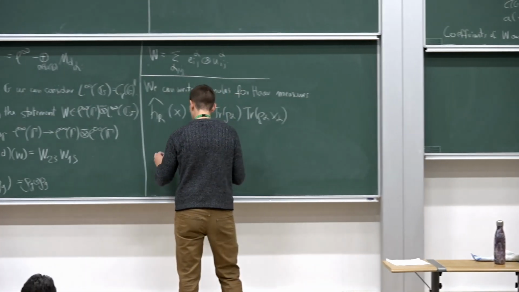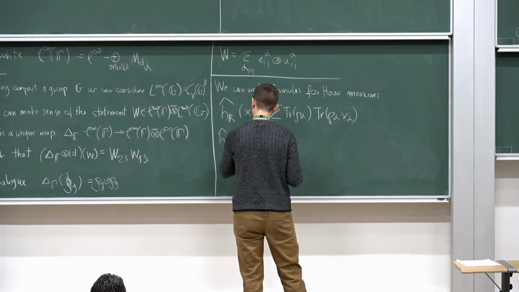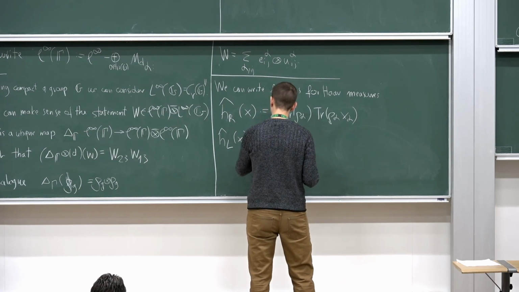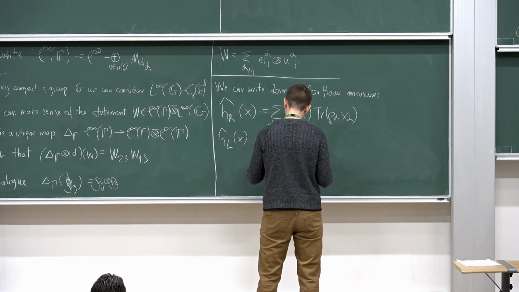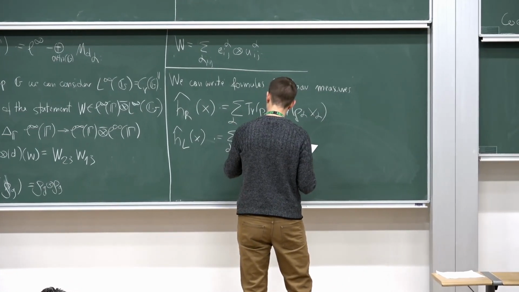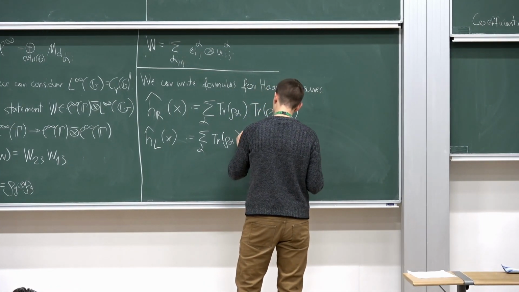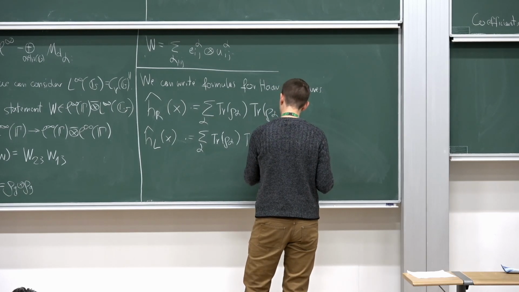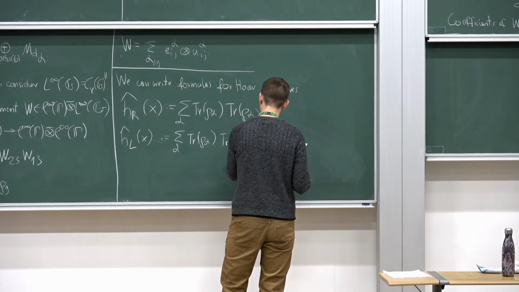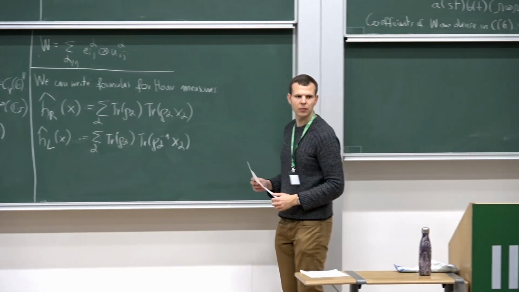So this will be the right Haar measure, and h_l of x will be very similar. Trace rho alpha, trace rho alpha inverse x alpha. That's on the little L infinity.